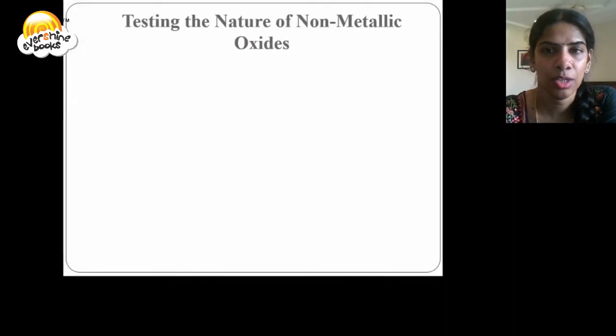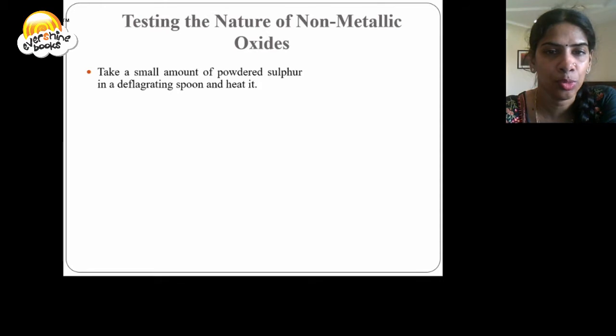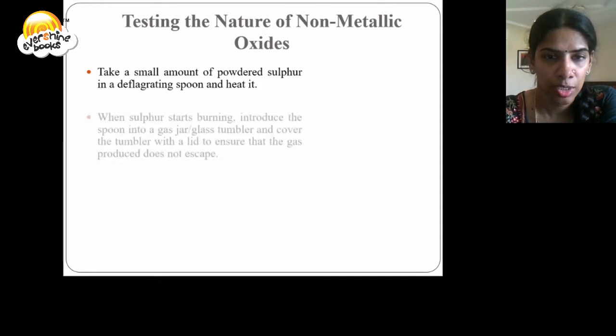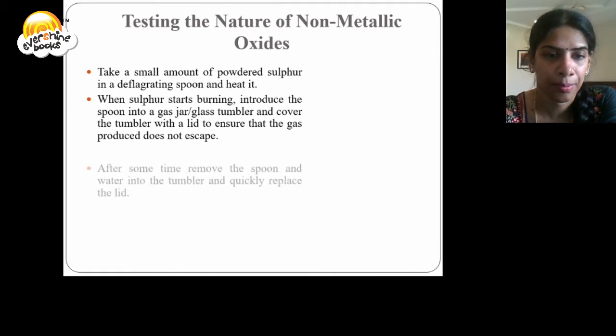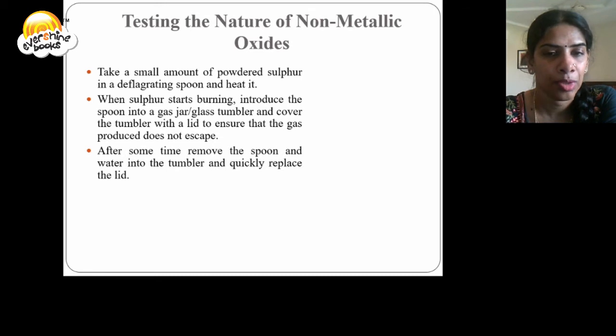Let us test the nature of non-metallic oxides. Take a small amount of powdered sulfur in a deflagrating spoon and heat it. When sulfur starts burning, introduce the spoon into a glass tumbler and cover the tumbler to ensure that the gas does not escape. After some time, remove the spoon and add water into the tumbler. Quickly replace the lid. Shake the tumbler well.